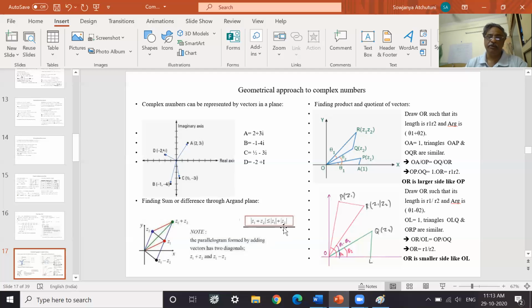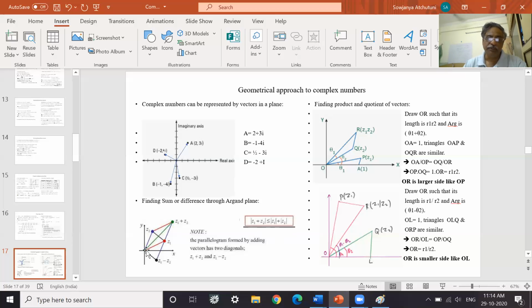So when they are equal, it means they have the same angle. It need not be the x-axis. Suppose OA, I write OB here, and I have to add OA plus OB. They straight away get added because there is no phase difference between them. The vectors are together, so the angle between these two vectors will be 0 when they are equal. If the slightest angle is there, then it is less than this.